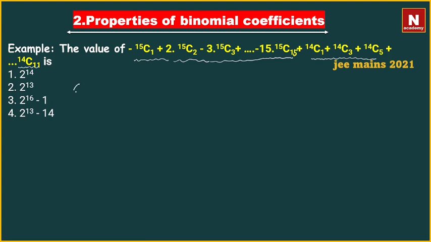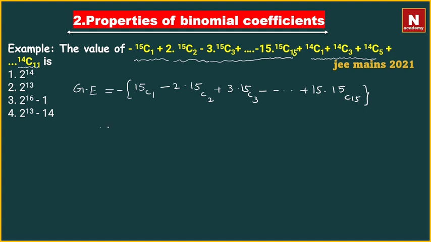So in the given expression, in the first underlined part, take minus as common. When you take minus as common, this will be 15C1 minus 2 into 15C2, next plus 3 into 15C3, next minus, and so on, plus 15 into 15C15.